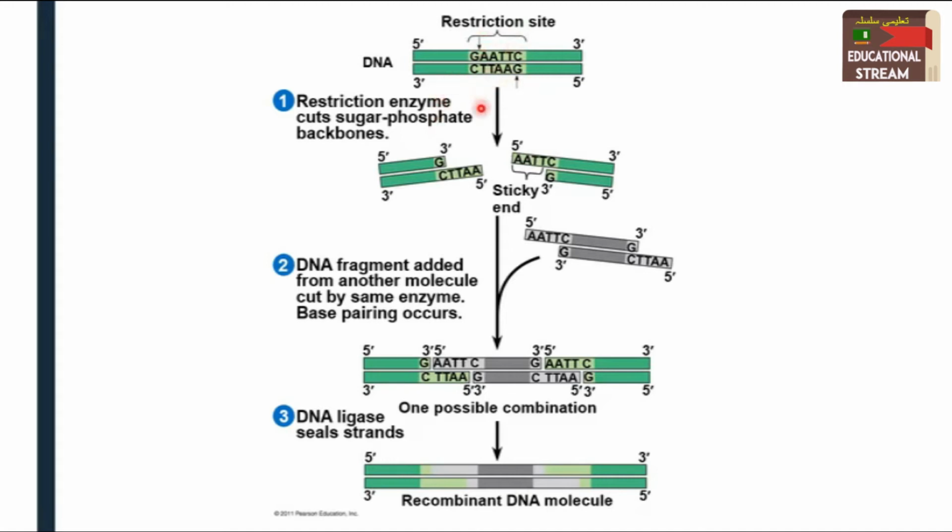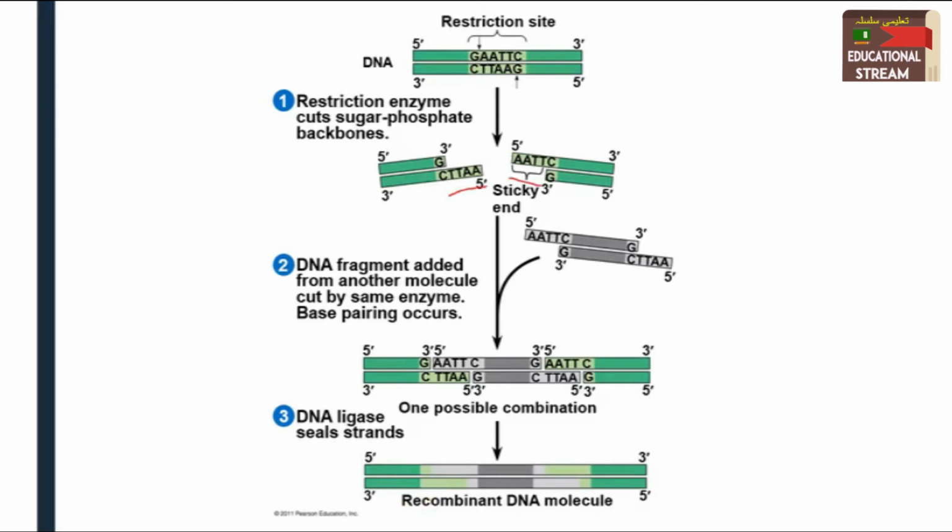EcoR1 recognizes the 6 base pair sequence, and it will make a cut after G in both strands. So the restriction enzyme will cut the sugar phosphate backbone, and then sticky ends will be produced, as you can see here.